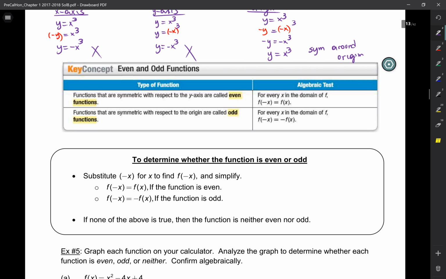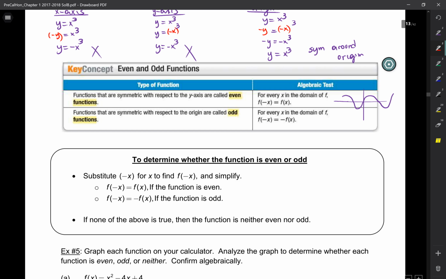How about even and odd? Okay. Even and odd functions are these. So an even function, let's draw a cute little... That's a sine function, right?